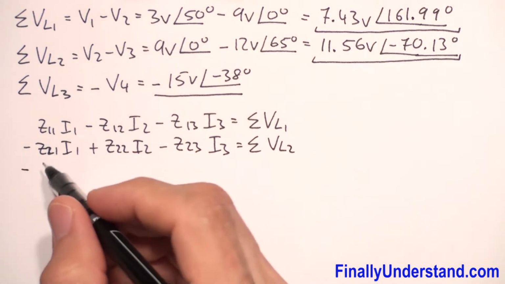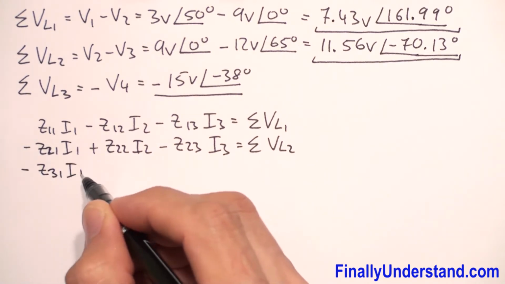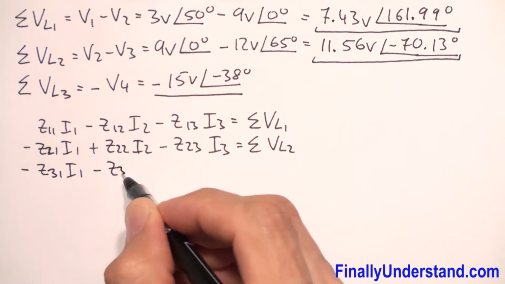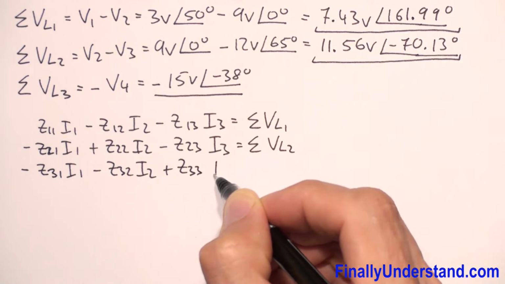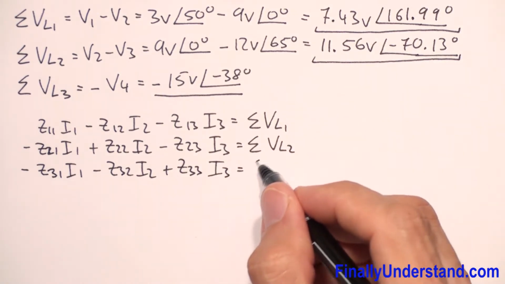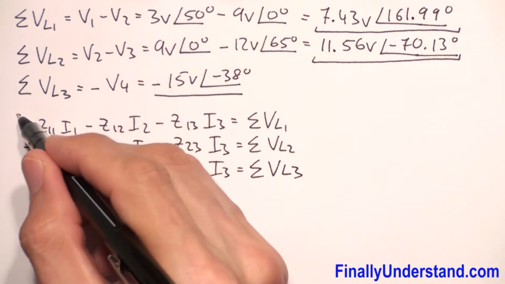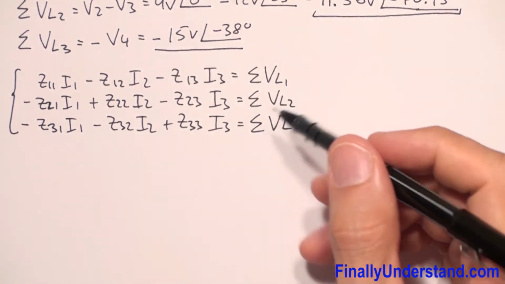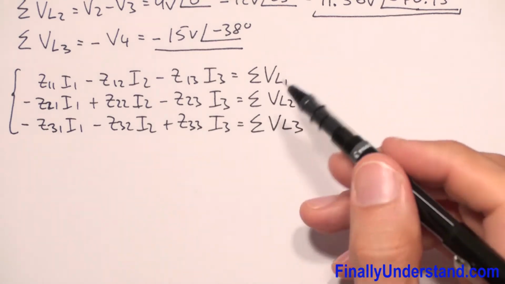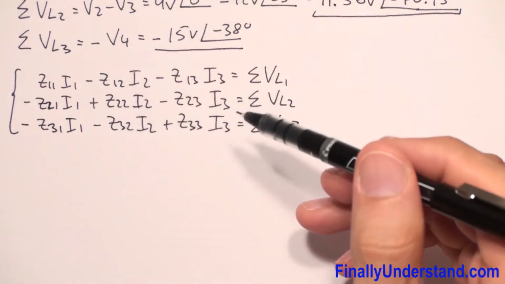Next I have negative Z31 I1 minus Z32 I2 plus Z33 I3 is equal to the sum of the voltages in loop 3. So these are the 3 formulas which are going to help me find the mesh equations for the 3-loop circuit. So now we're supposed to replace the impedances by the numbers.